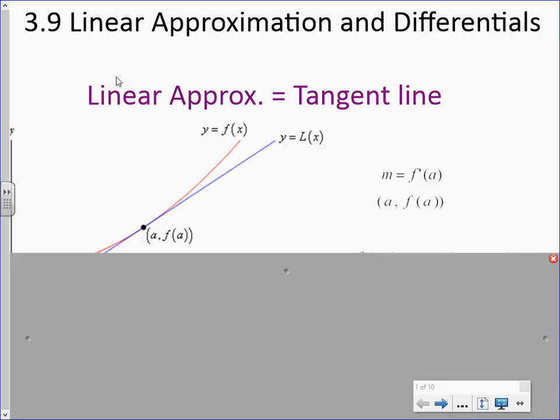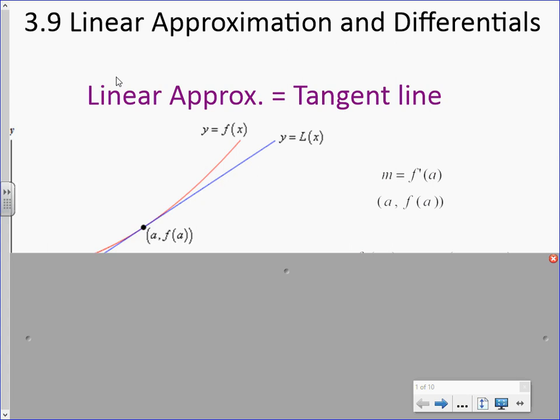Okay, so today what I want to talk about is the concept of differentials, which really, I don't know how new this will feel to you. We're going to basically take some concepts and smush them together. Okay, what I want you to keep in mind is that anytime you see linear approximation, it really just means use the tangent line to approximate a value, okay?